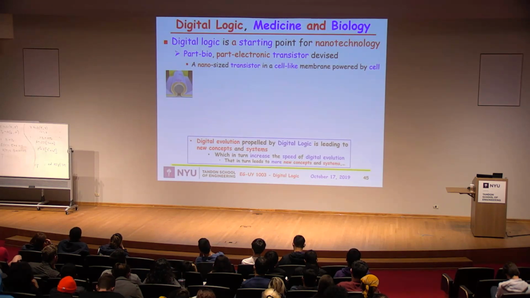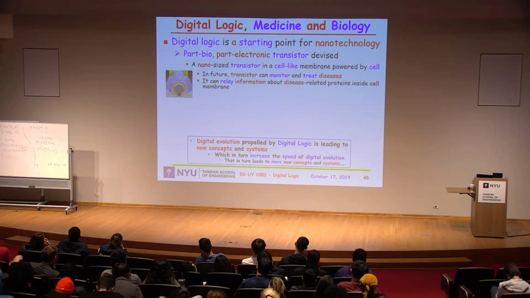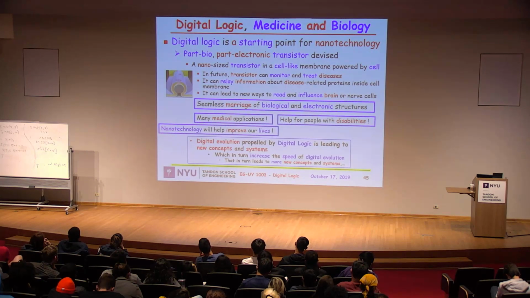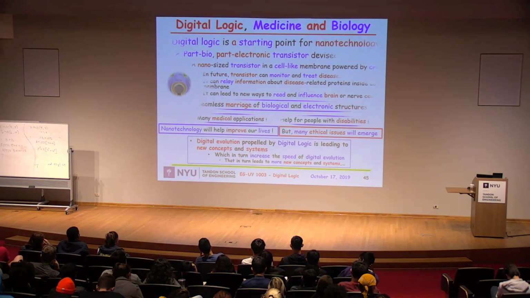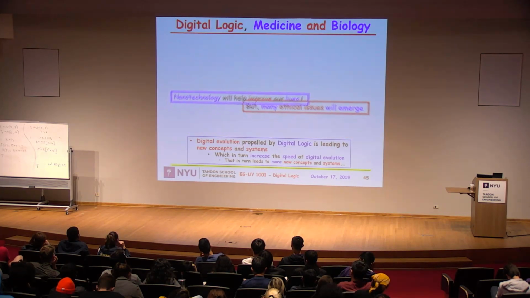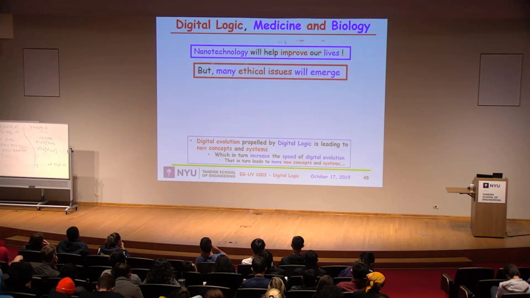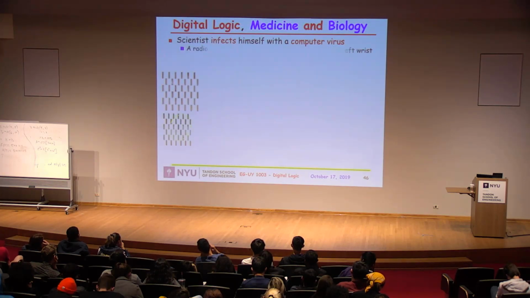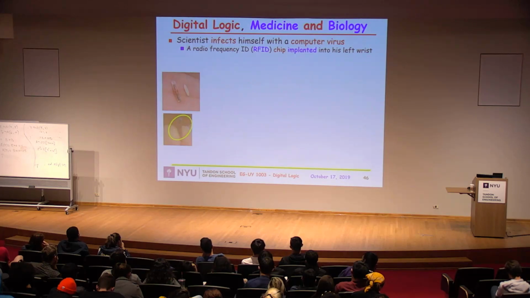So imagine devices that are using part bio, part electronic transistors. They can monitor 3 diseases. So it will help people with disabilities around everybody. But there will be many ethical issues, so be prepared. But let's not get depressed. I know this is a depressing slide.